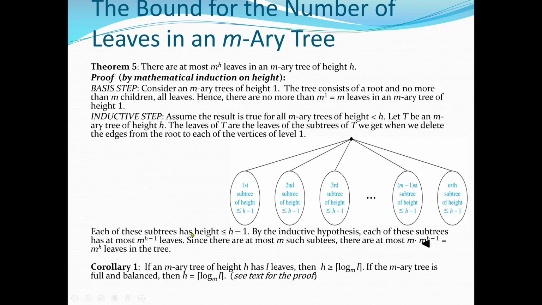Each of these subtrees has a height less than or equal to h minus 1. Now, by the inductive hypothesis, each of these subtrees has at most m to the power h minus 1 leaves, since we removed the root, that's why we say h minus 1.